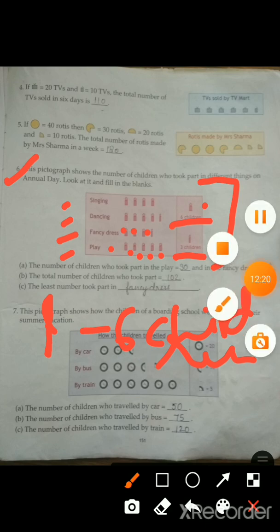First you multiply 3 by 6, it is 3 6 are 18, plus 3 children 21, right here 21.